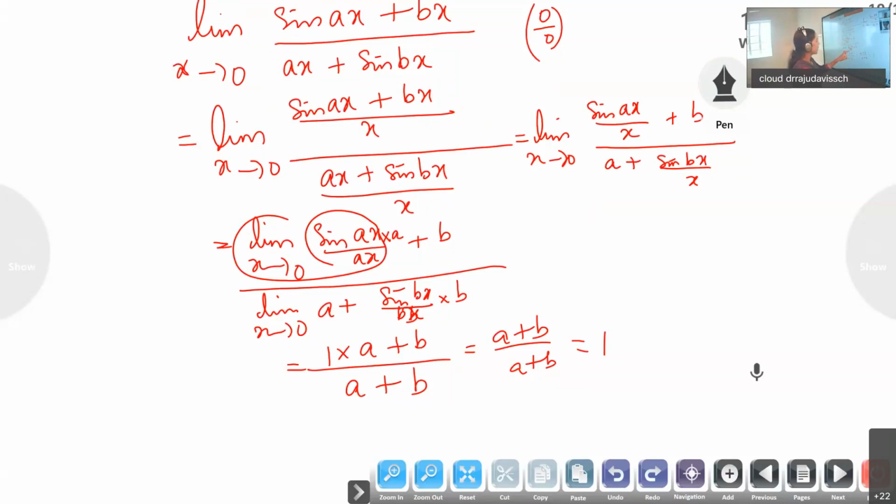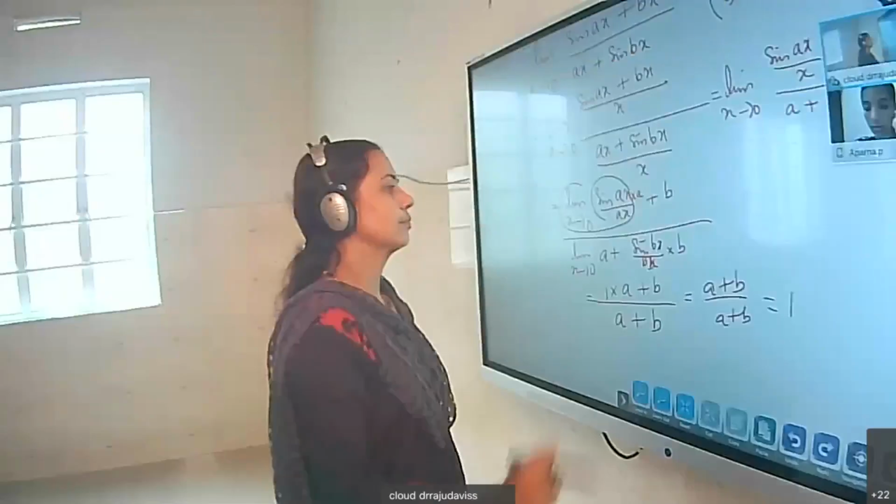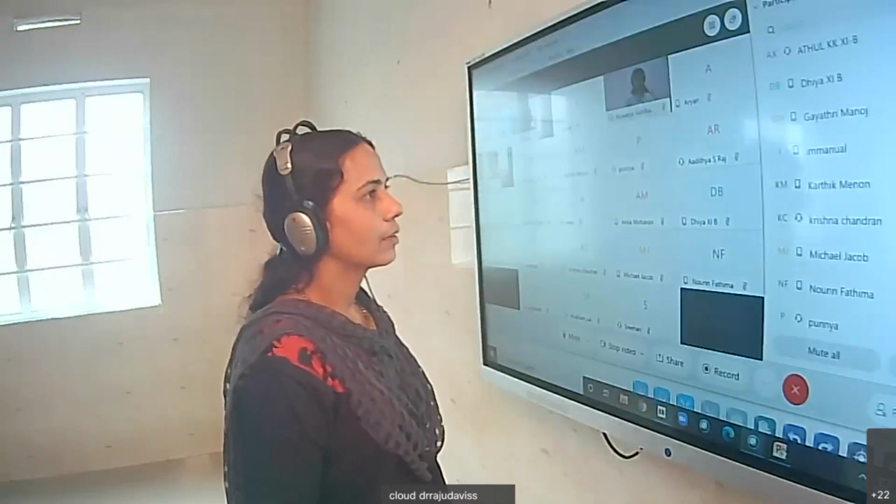Again in the denominator we have x, so you multiply and divide by b. Now take the limits, and sin theta by theta is 1. So we get the numerator as a plus b, and the denominator also a plus b. So it is the same as 1.